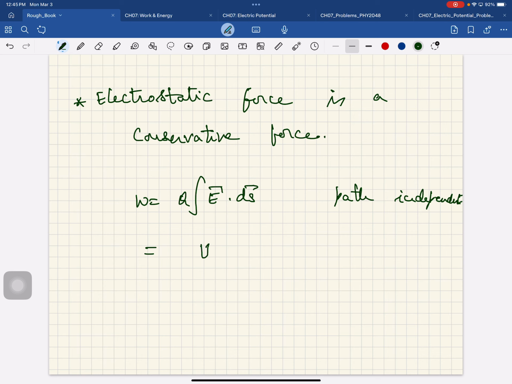The line integral is just the value of that function at the end point minus the value of the function at the initial point. And it turns out that we want to define that with a negative sign. So when the force is a conservative force, this line integral is easy to do. In fact, the value of the line integral is just the difference in this function. U is called the potential energy function.